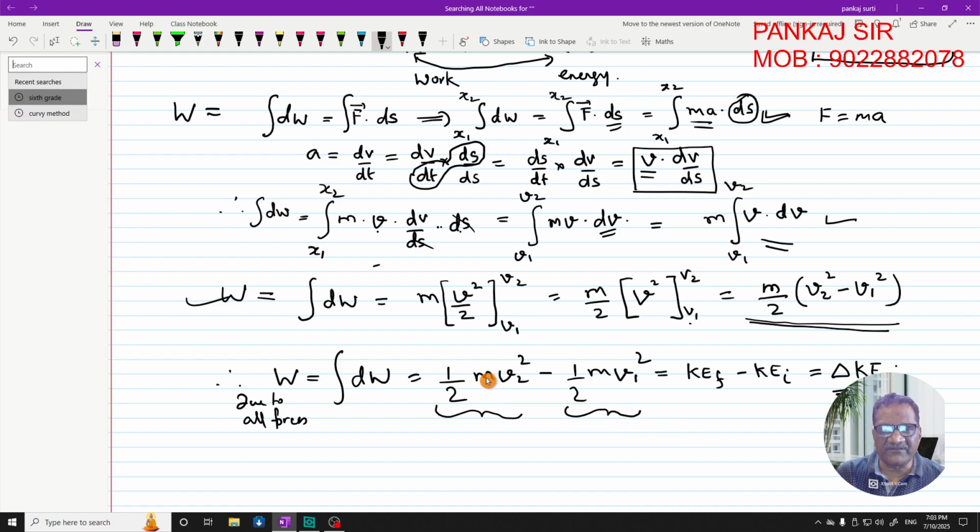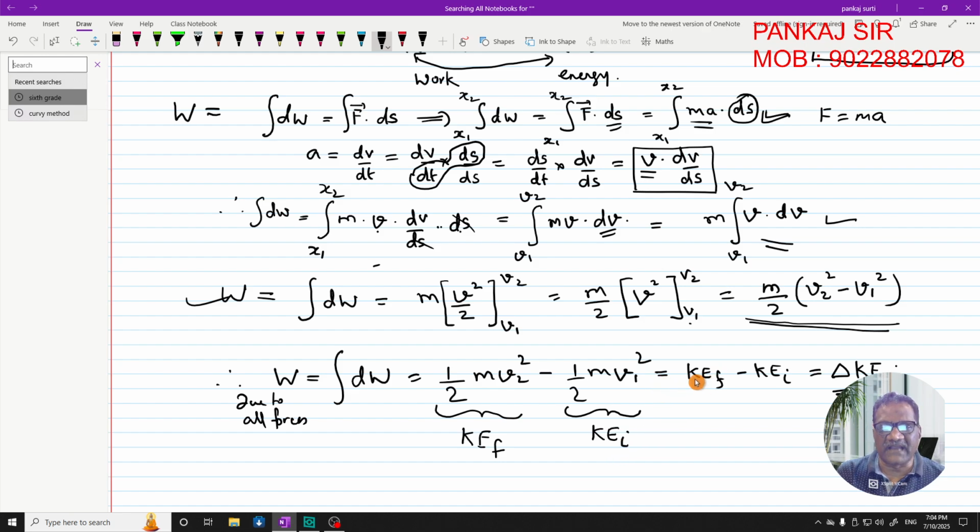Now this half m into v2 square is nothing but your kinetic energy final. And half m into v1 square is nothing but the kinetic energy initial, because initial velocity was v1.